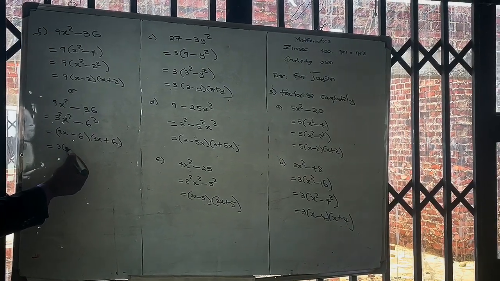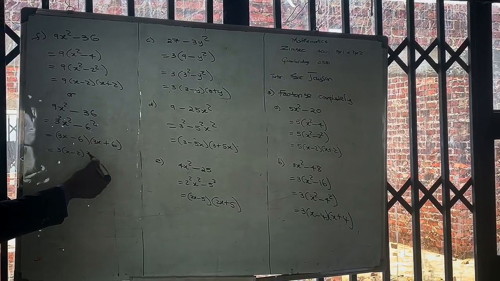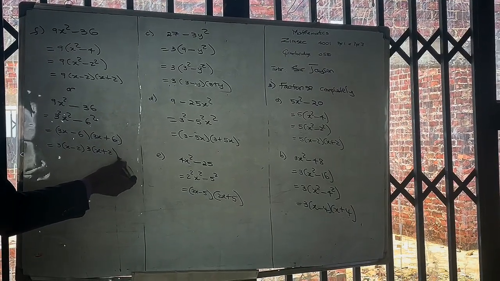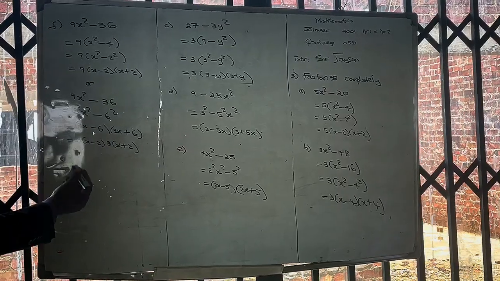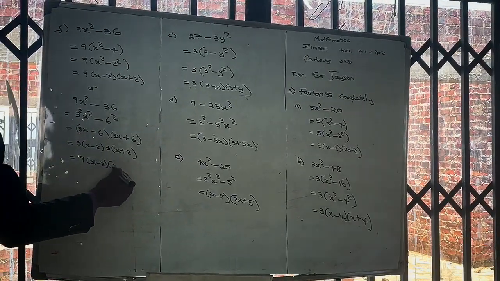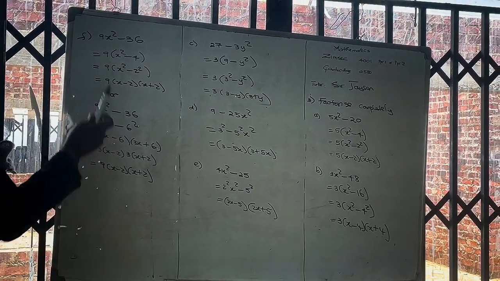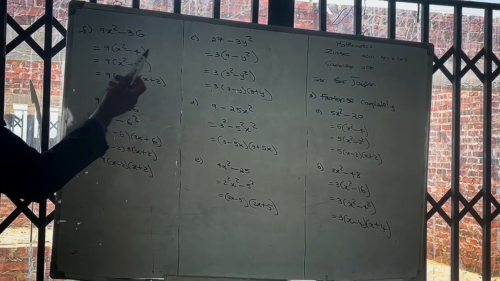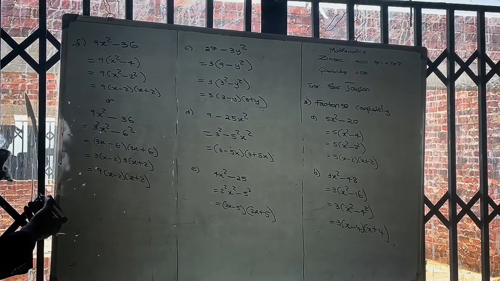So factor out 3. We have x minus 2. Then factor out 3 there. We have x plus 2. 3 times 3, that's 9. Then we have 9, x minus 2, x plus 2. Long method. The first one is realizing that 9 is a factor of 36. Factor out 9. You get it perfectly, smart.